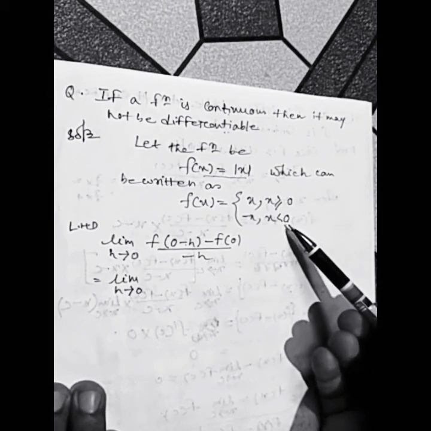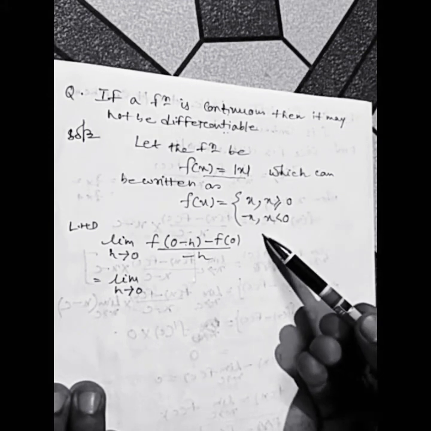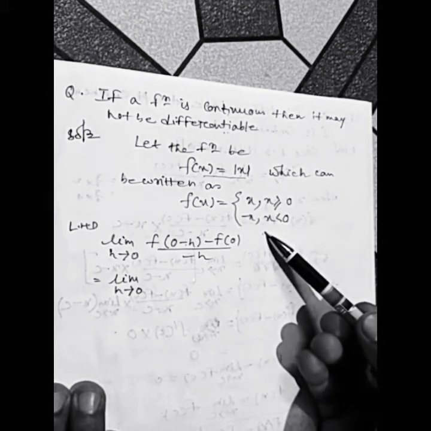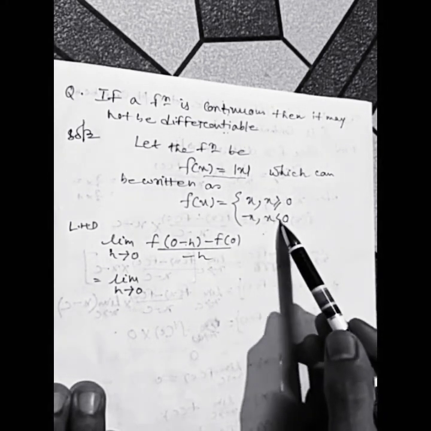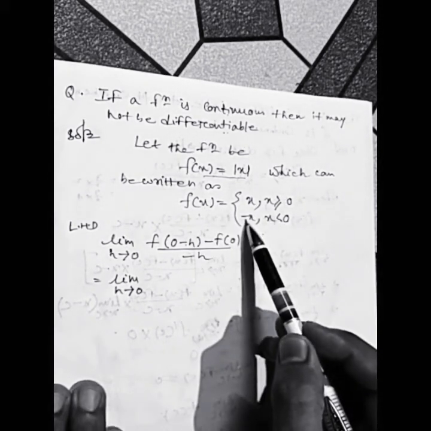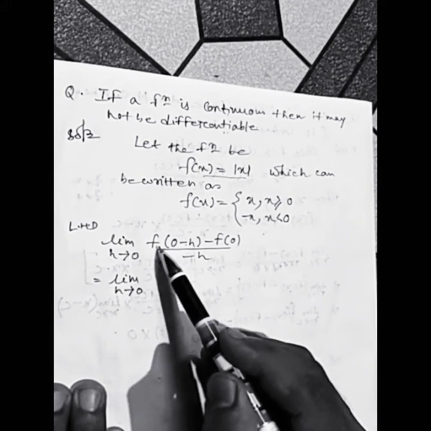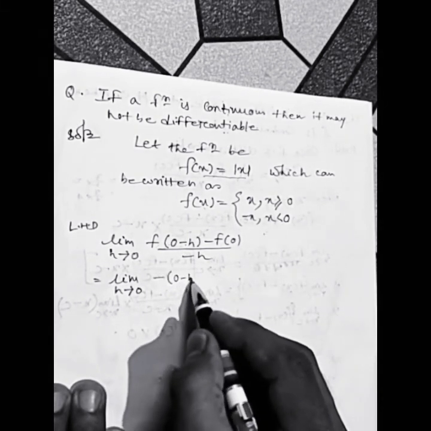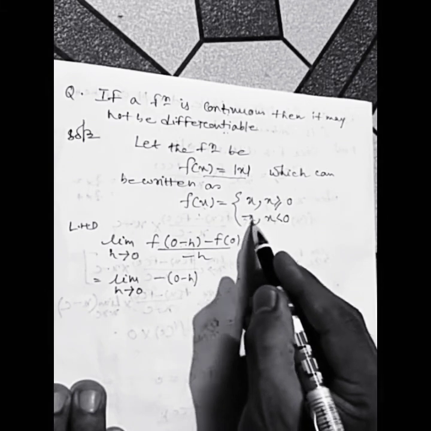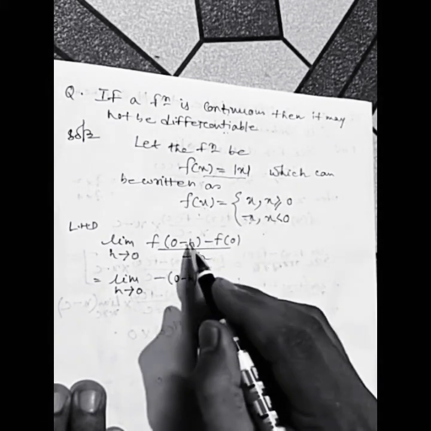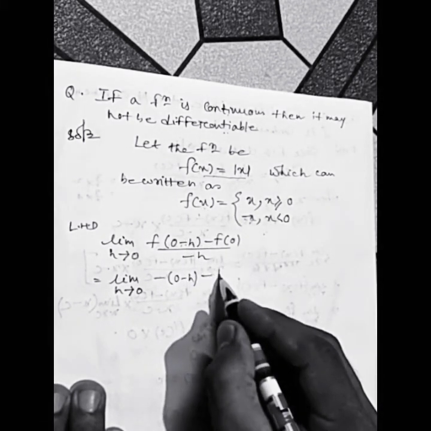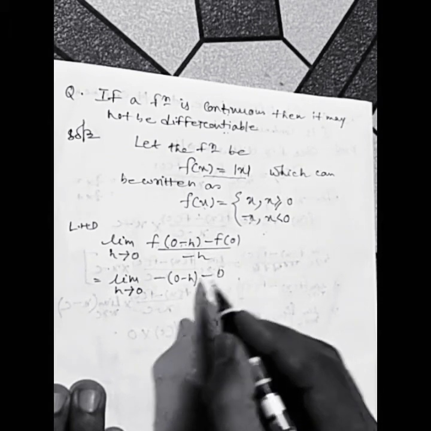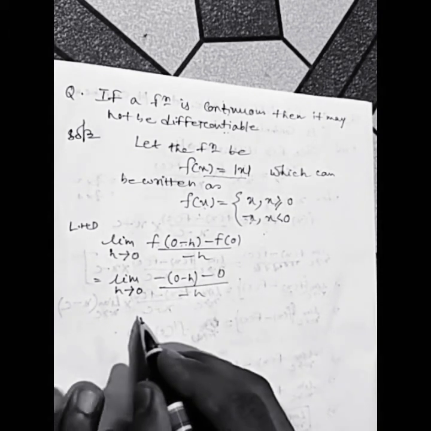The value of x is less than 0, and for x less than 0 the function is minus x. So replace x by 0 minus h, and we get minus of 0 minus h, minus f of 0, which is 0, divided by minus h.